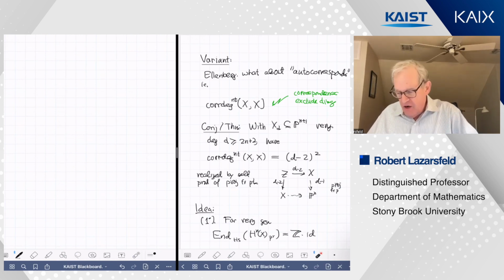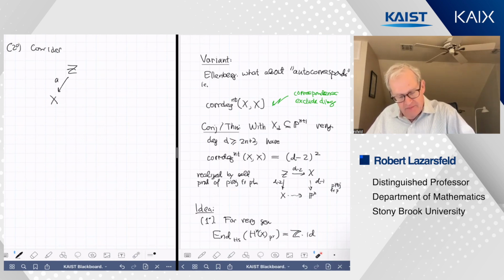So now let's argue as before. Let's consider a correspondence between X and itself, other than the identity.